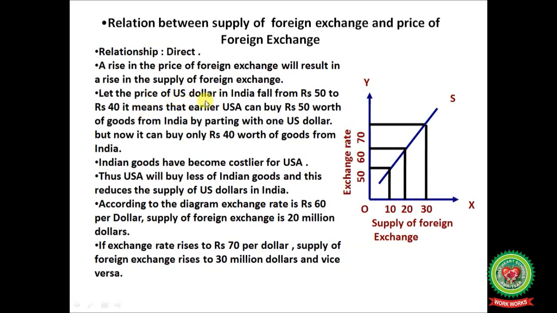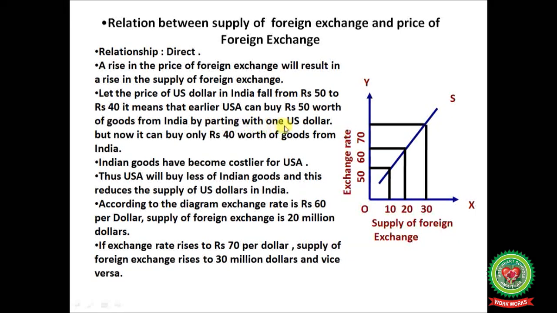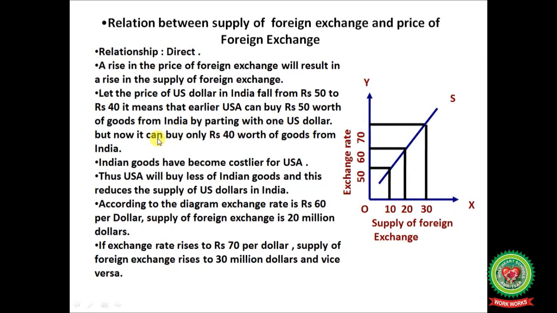Let the price of US dollar in India fall from rupees 50 to rupees 40. It means that earlier USA could buy rupees 50 worth of goods from India by parting with $1, but now it can buy only rupees 40 worth of goods from India. Indian goods have become costlier for USA.